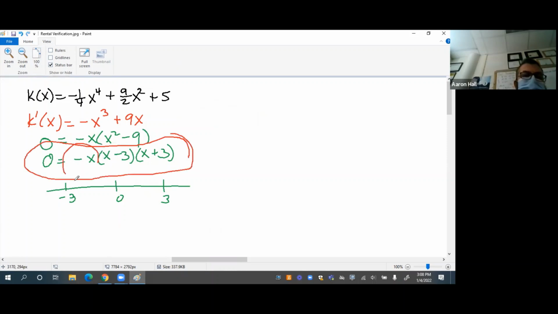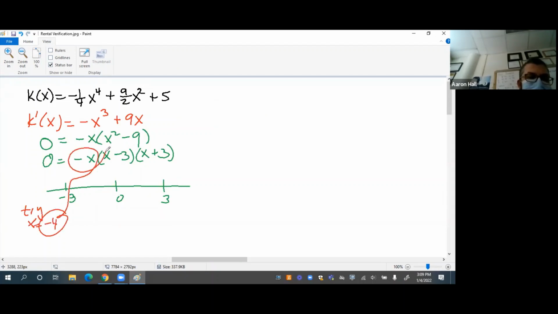So we can just look at what's happening here, here, and here, and then just multiply. I think keeping it factored is a good idea. All right, so you said x is negative 4. If I plug negative 4 into here, is that positive or negative? Okay, so that's positive followed by a negative, followed by a negative. What is a positive times a negative times a negative? A positive. Okay, over here.